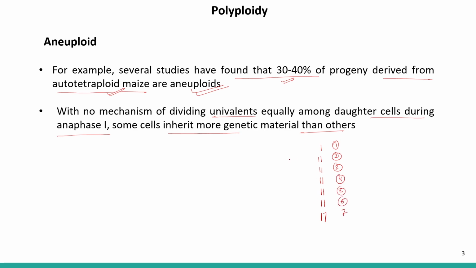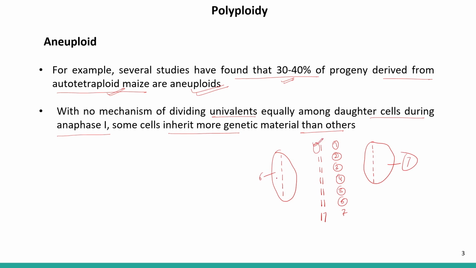At the time of gamete formation, this particular gamete will have 6 chromosomes and this another one will have 7 chromosomes, because here one chromosome has been lost.